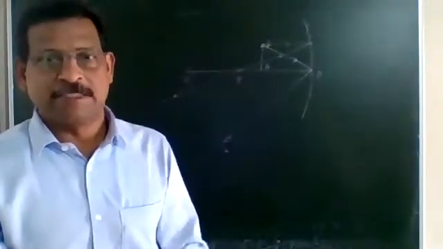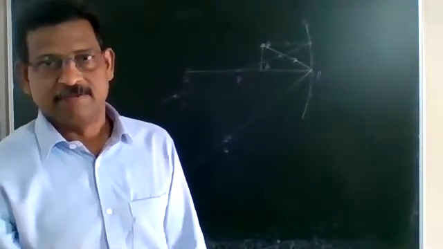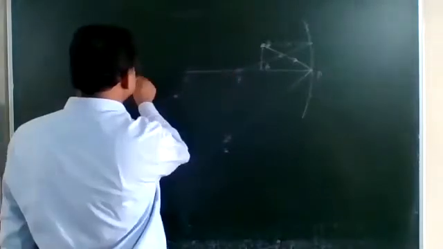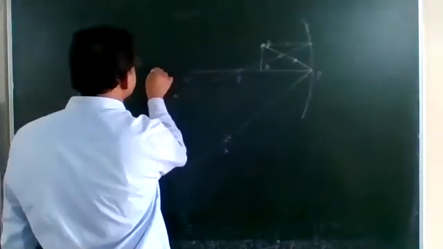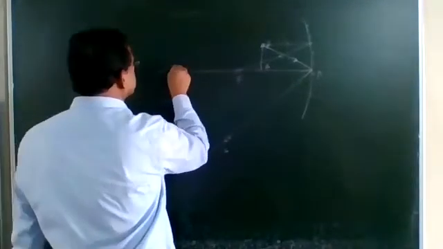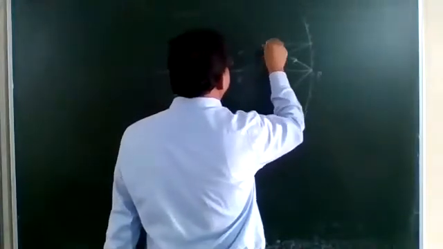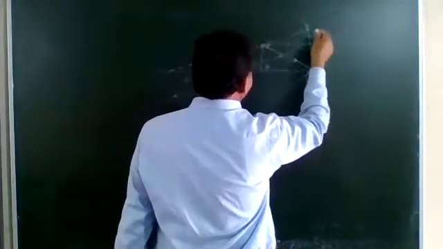Third ray also we have to consider, that ray should pass through C. So you can draw the line from C. The ray reaches here.